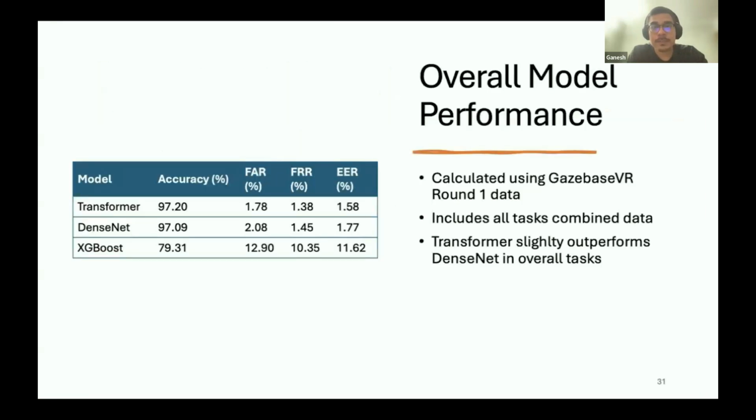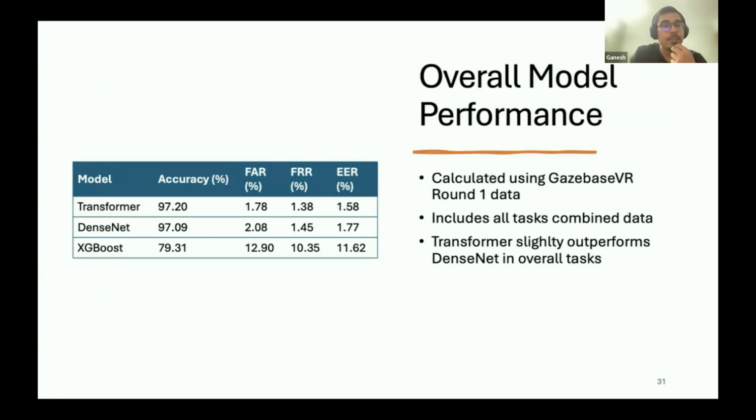So our model has performed pretty well compared to XGBoost, and it also outperformed the DenseNet architecture.